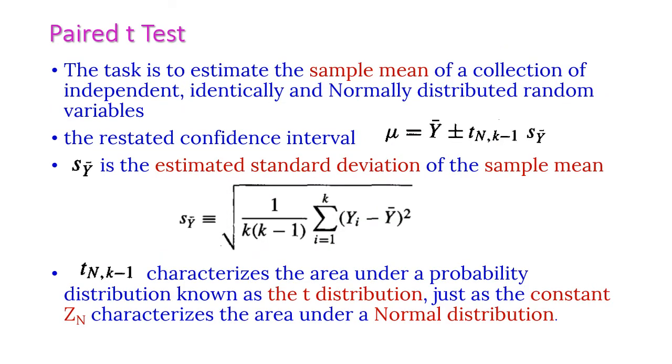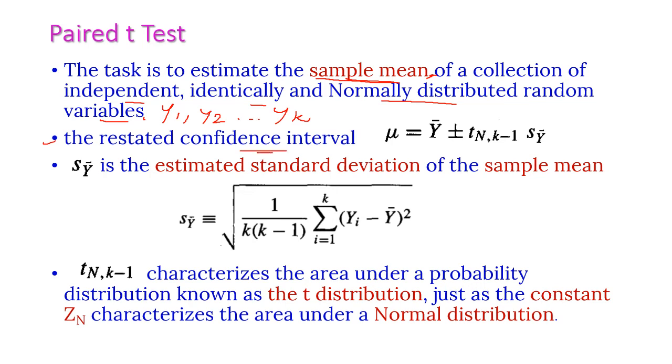Now what is our task? Our task is to estimate the sample mean of a collection of independent, identically and normally distributed random variables. Which are our random variables? y1, y2, etc. up to yk. So we need to identify the sample mean of these variables and restate the confidence interval.